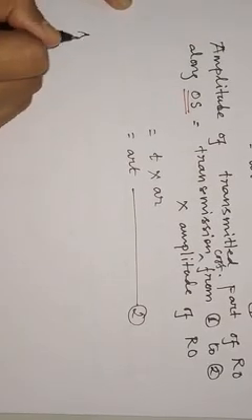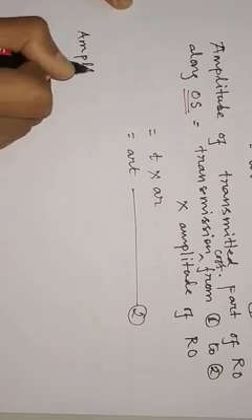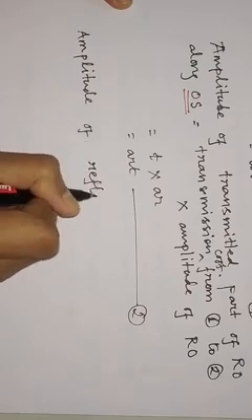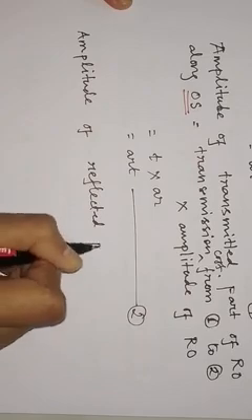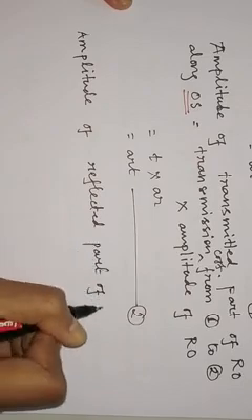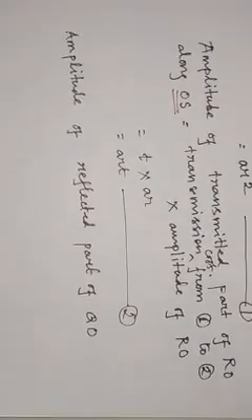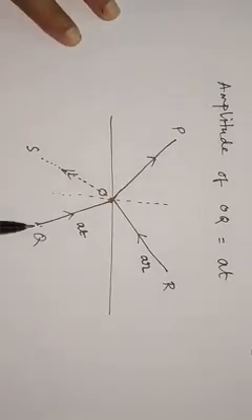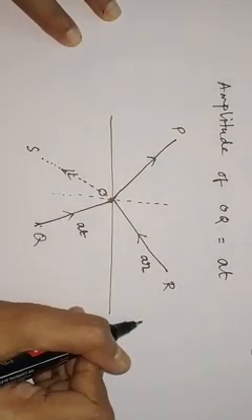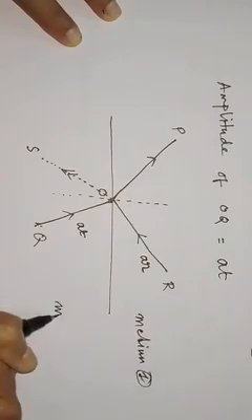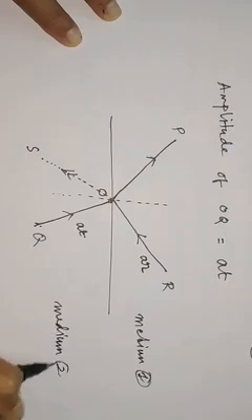What will be the amplitude of the reflected part of QO? This is medium 1 and this is medium 2.